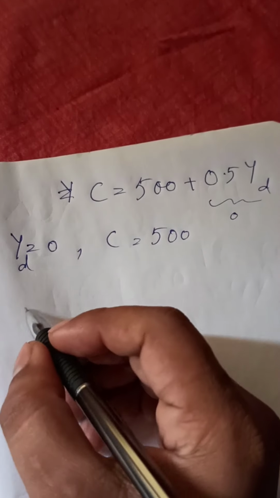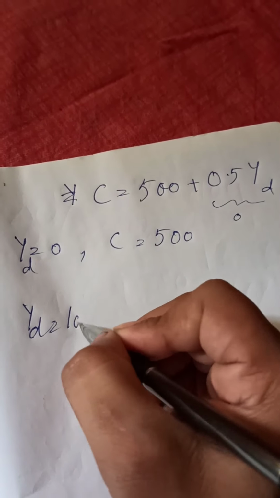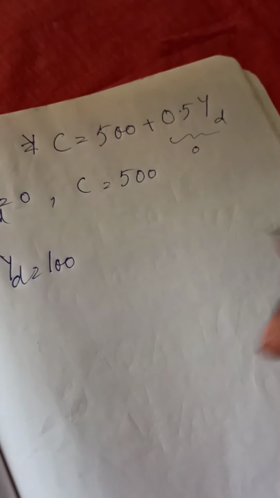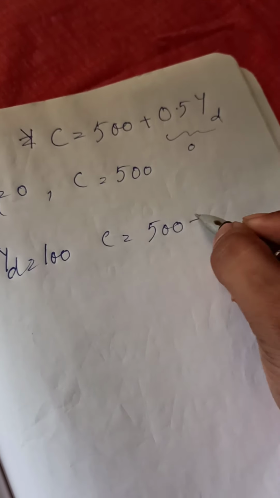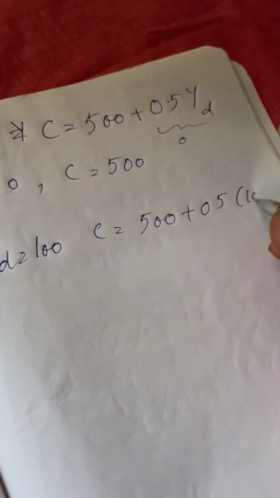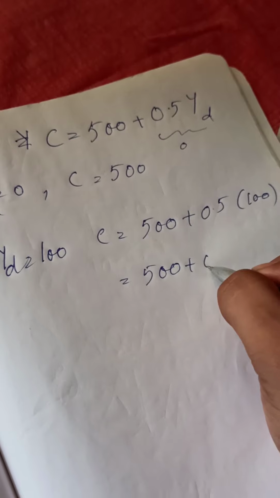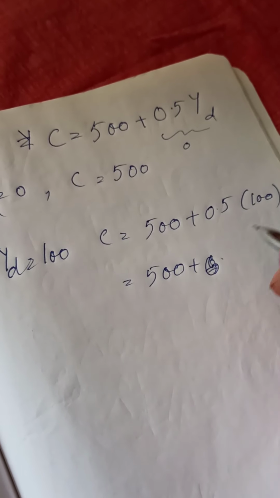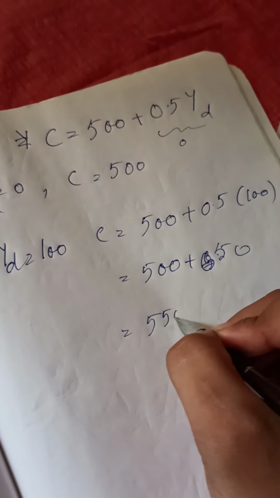Similarly, if the value of YD equals 100, then your C will be 500 plus 0.5 into 100, which equals 500 plus 50, and the answer would be 550.